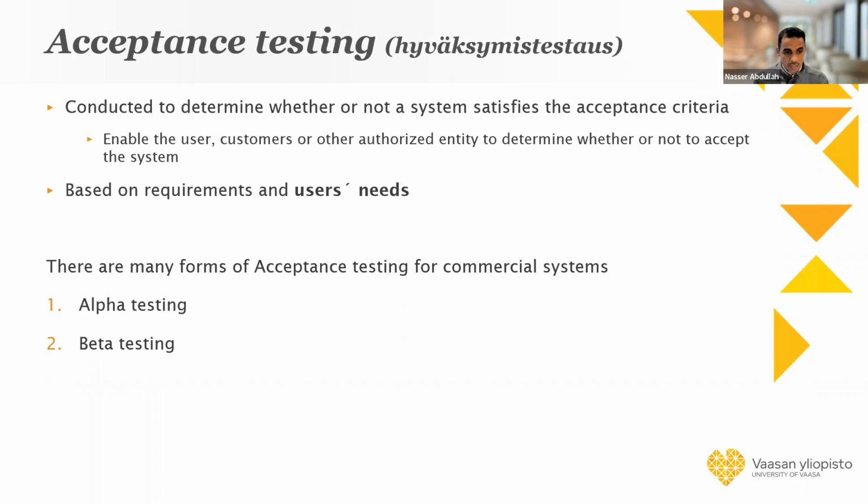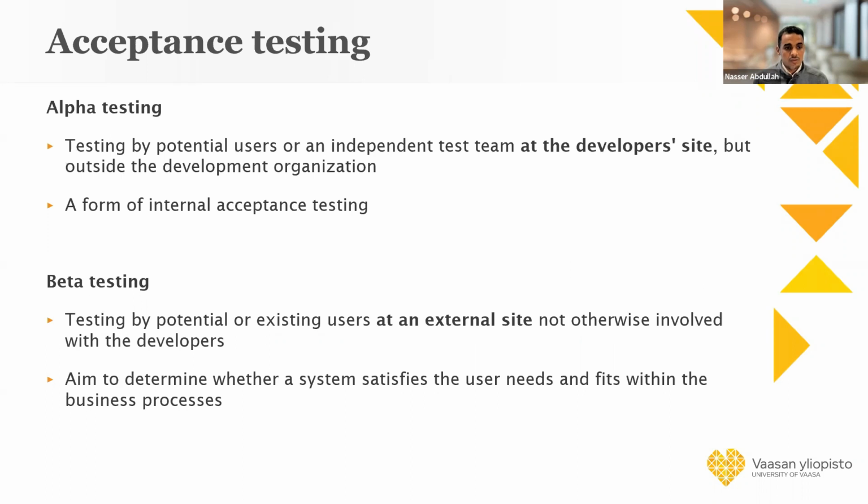So we have the other one, the beta testing. With beta, the testing team is from outside the company. For example, before big companies release any product or software, they send it first to some people, not the developers, but normal users, and then they test it.